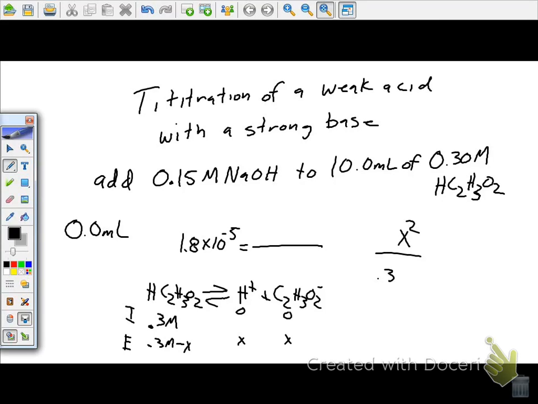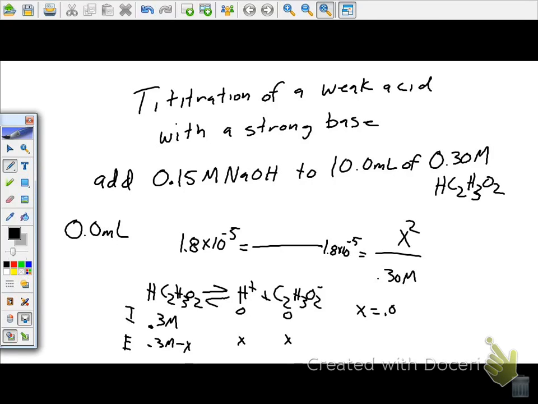We can take out the minus X. That equals 1.8 times 10 to the minus fifth. We're going to multiply by 0.3 and take the square root of it. That gets us our X value. Okay, so X is equal to what? 0.0023? Yeah. That's what I got.